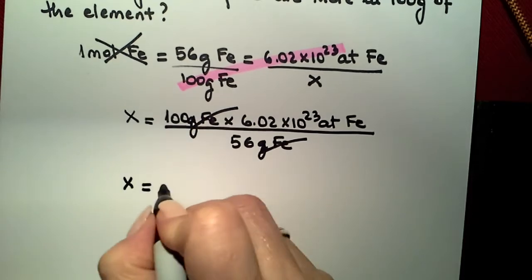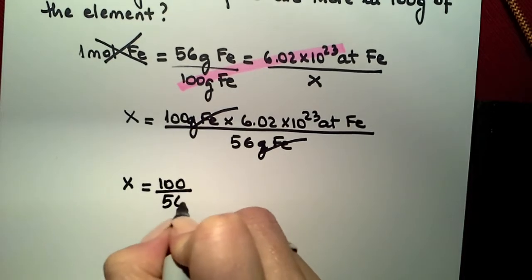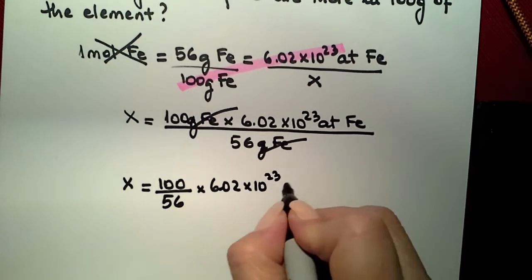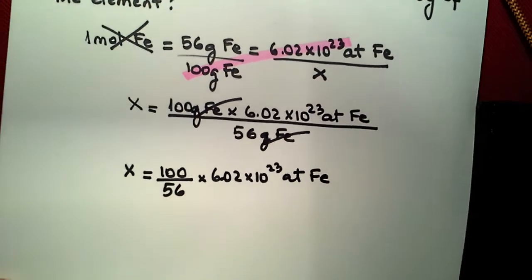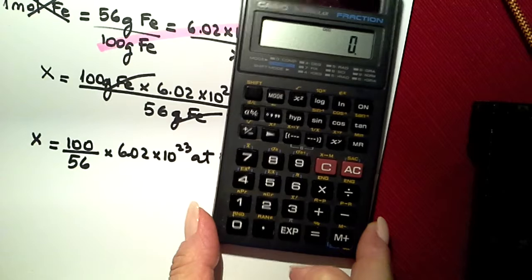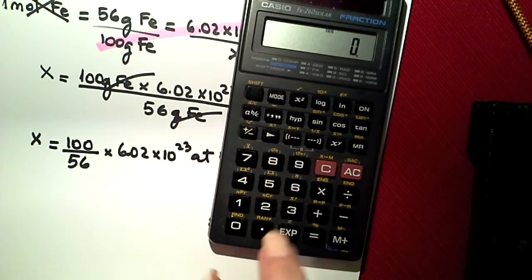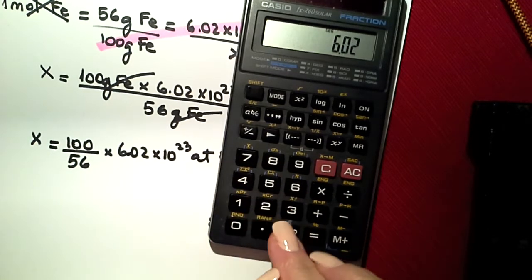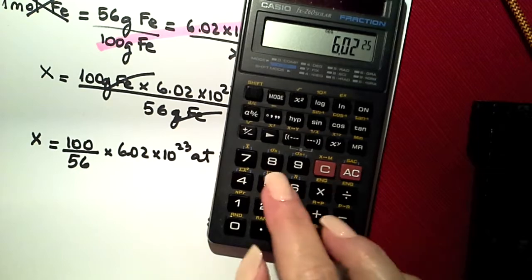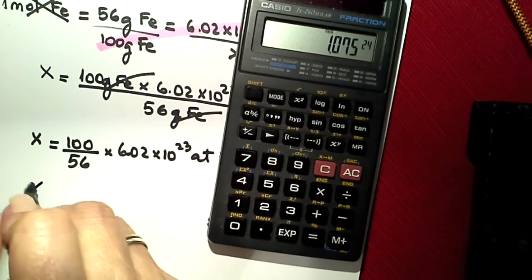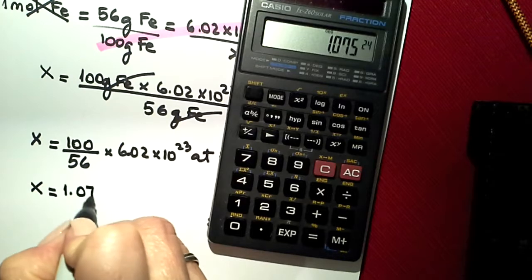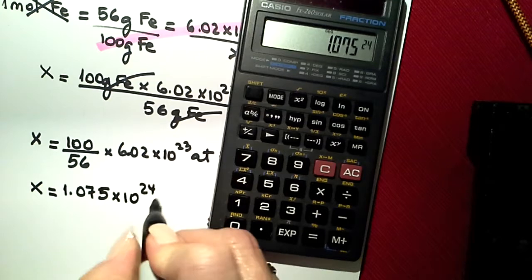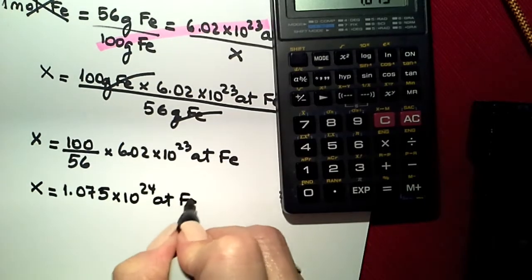So X is going to be 100 over 56 times 6.02 times 10 to the 23rd atoms of iron. Doing my calculation again using my calculator, I have 100 times 6.02 exponential 23rd divided by 56. This X is 1.075 times 10 to the 24th atoms of iron.